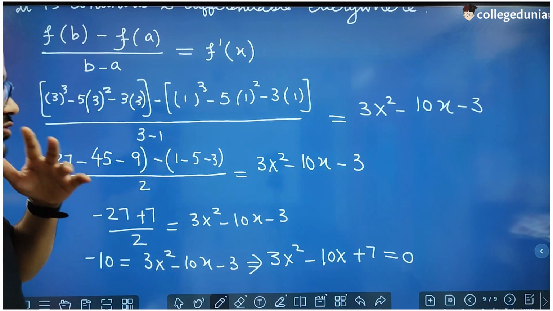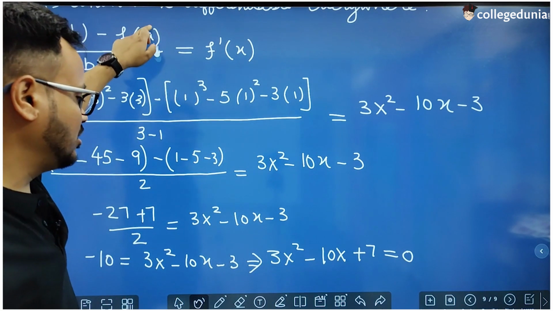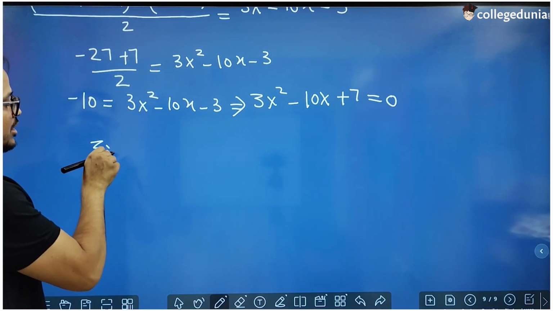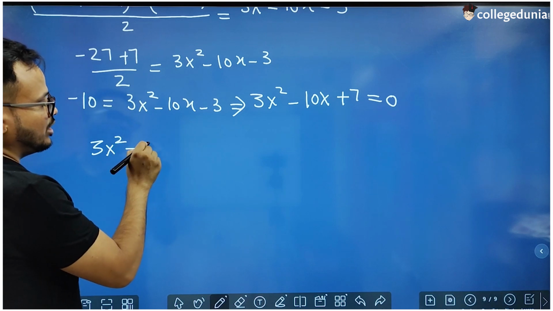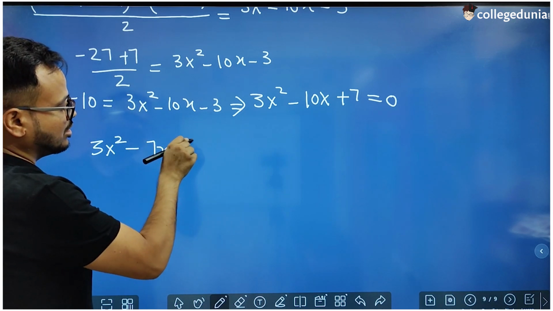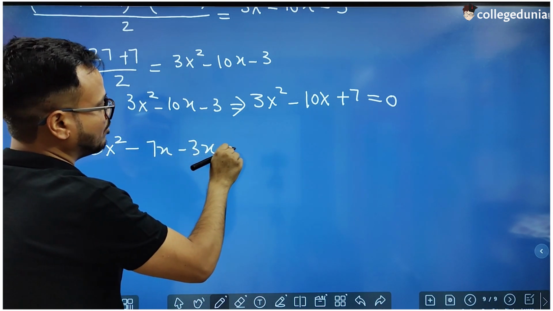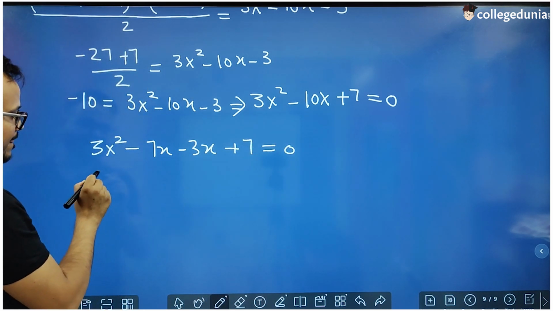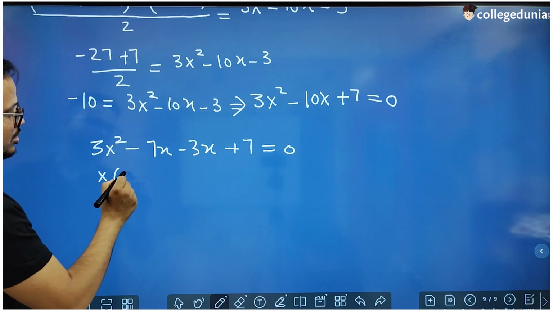Okay, now solve this quadratic equation. If we solve this quadratic equation by middle term splitting, we will get 3x square minus 7x minus 3x plus 7 equal to 0, and take x as common.